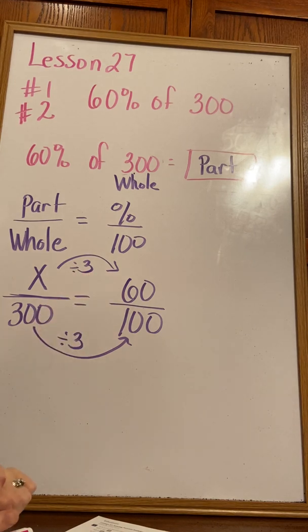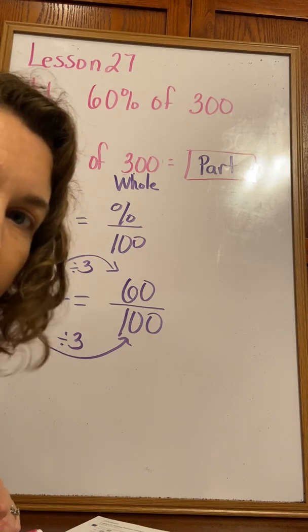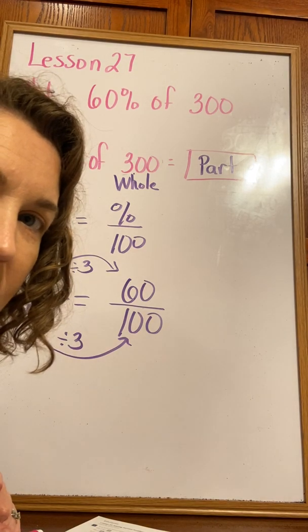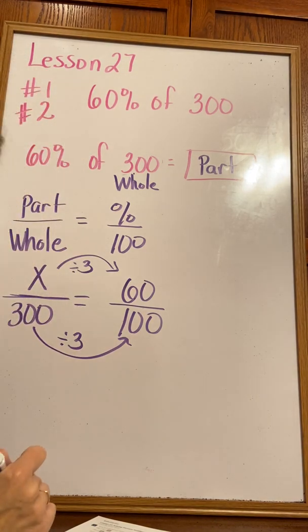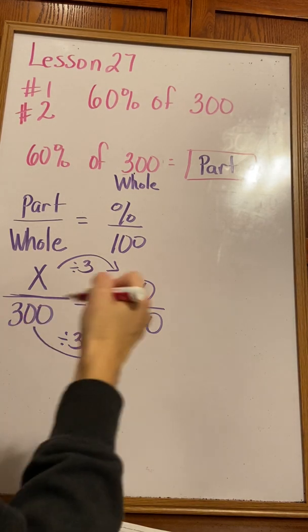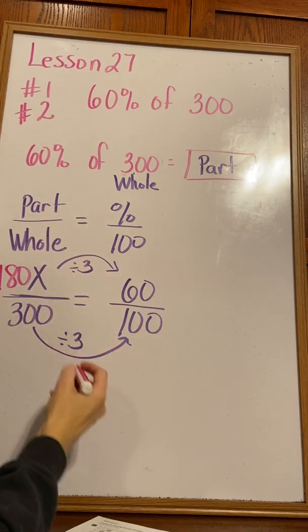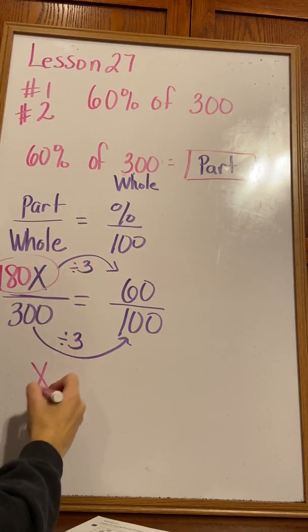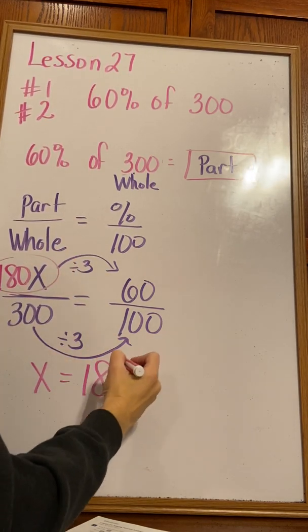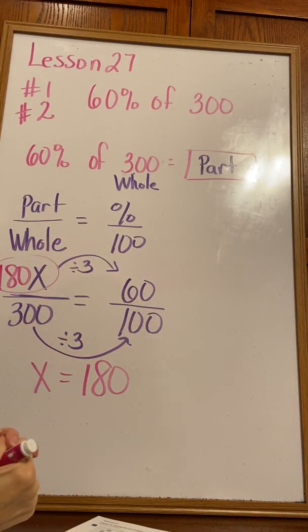Let's multiply those two numbers to figure out what goes here. 60 times 3 is what? 6 times 3 is 18. So 3 times 60 would be 180. So our mystery number X equals 180 on this question.